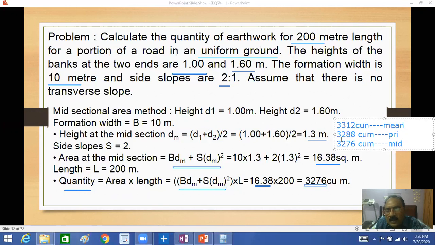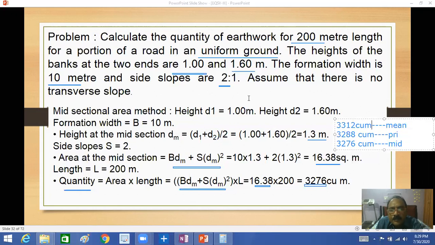By the mid-sectional area you got 3276 cubic meters, by the mean section 3312 cubic meters, and by the prismoidal method 3288 cubic meters. I want to show you the difference between these three methods by calculating with the different methods.